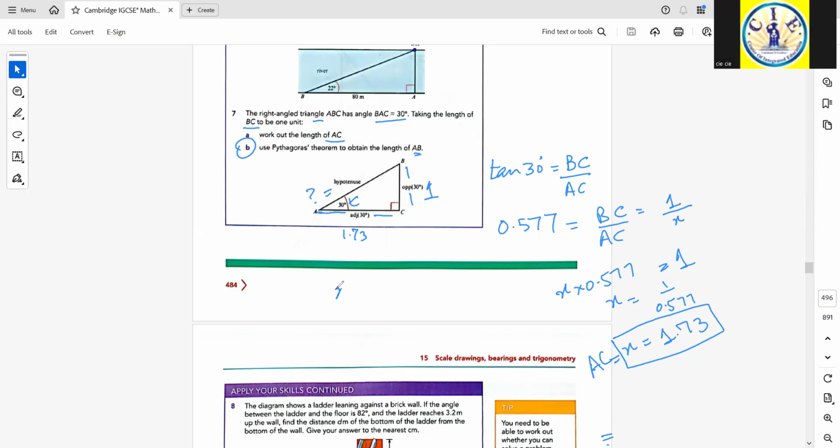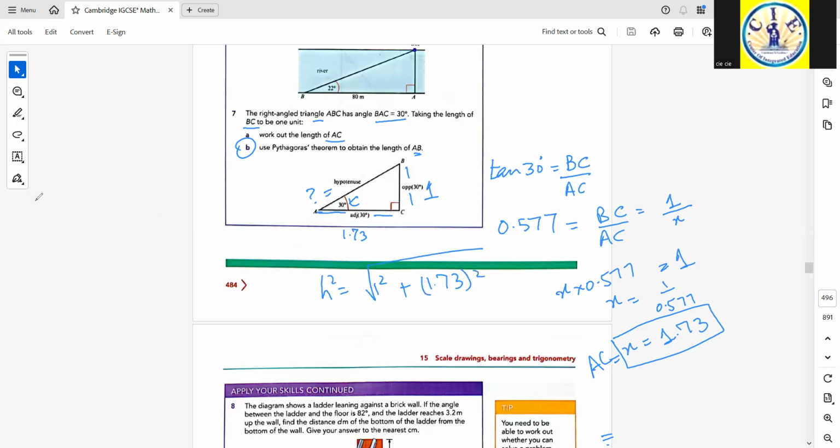That is, if this is x, for example, or I may not be using the letter x, let me use the hypotenuse. H squared is equal to square of 1 plus square of 1.73 and whole square root.